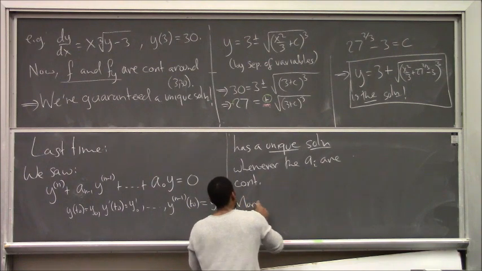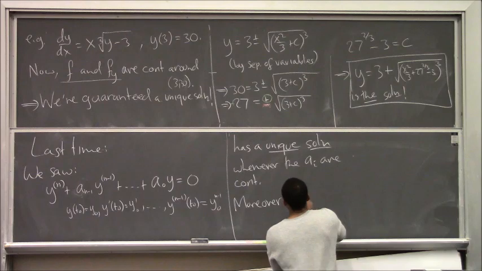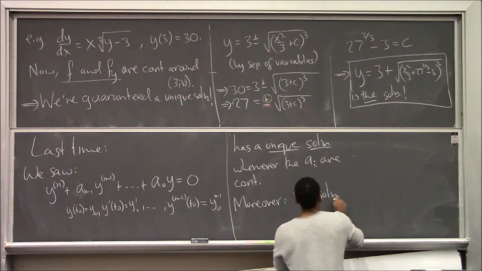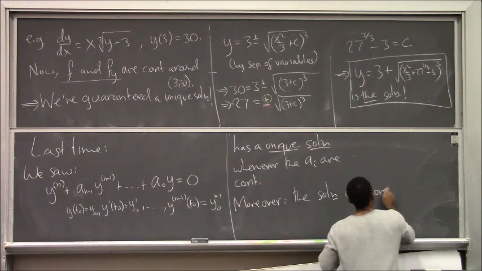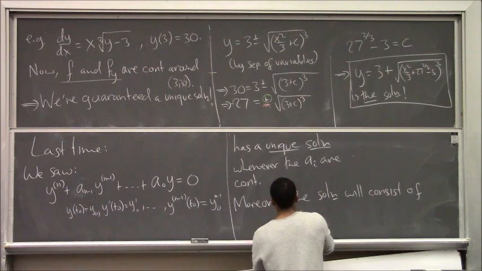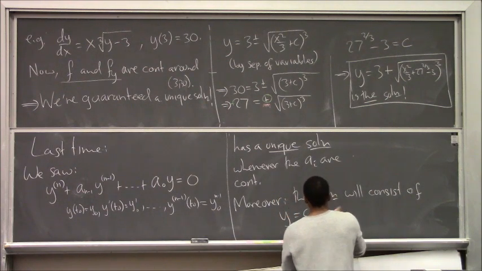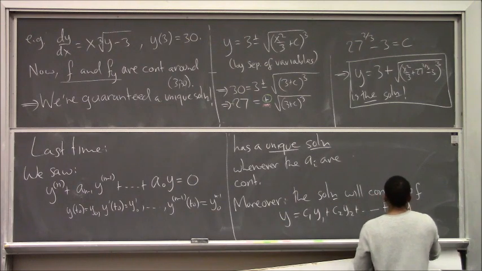Moreover, we know exactly what this solution would look like. The solution will consist of n linearly independent functions: constant 1 times y1 plus constant 2 times y2 plus, up to constant n times yn.